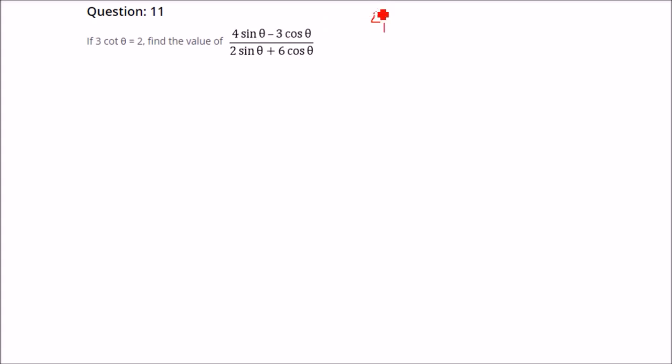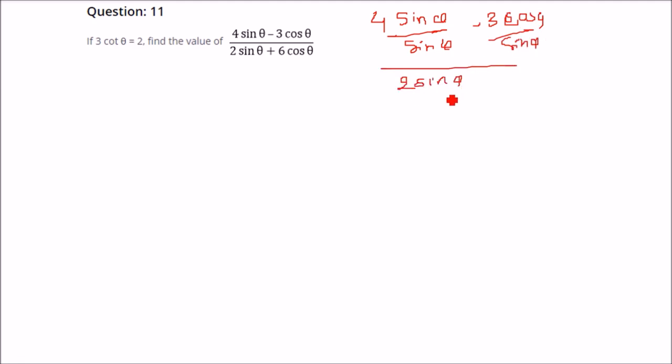I am dividing whole by sin theta, every term. Here also sin theta by sin theta plus 6 cos theta by sin theta. This is 1. So what do you get? 4 minus 3, and this is cot theta.